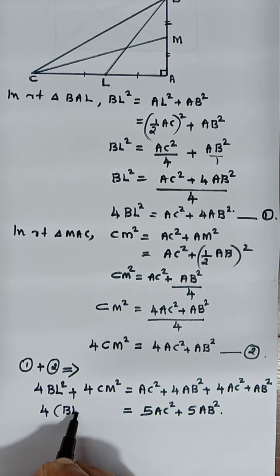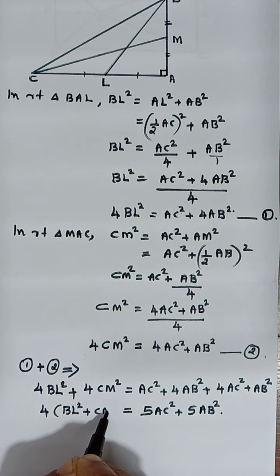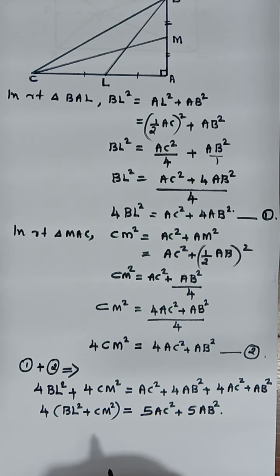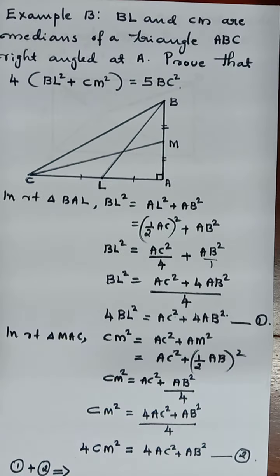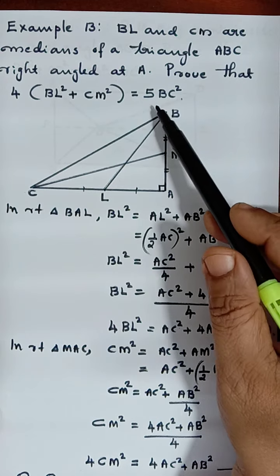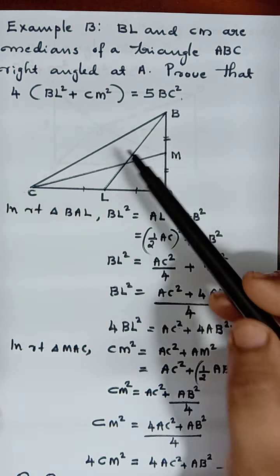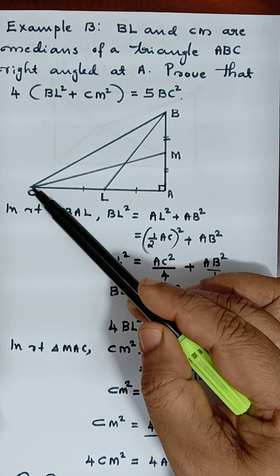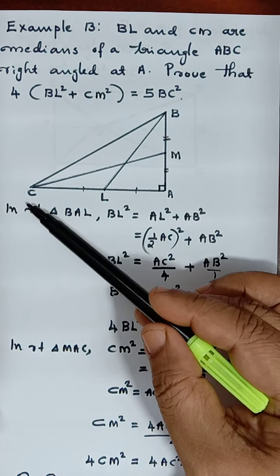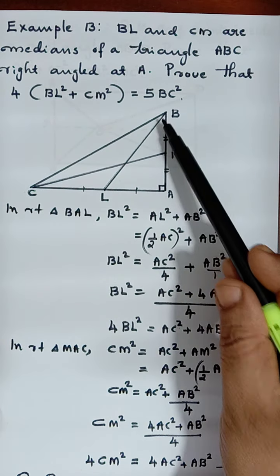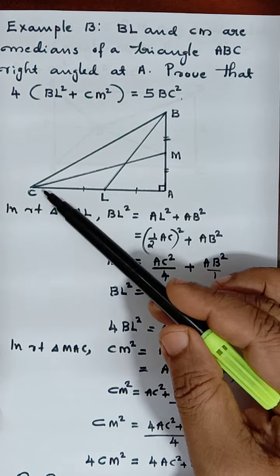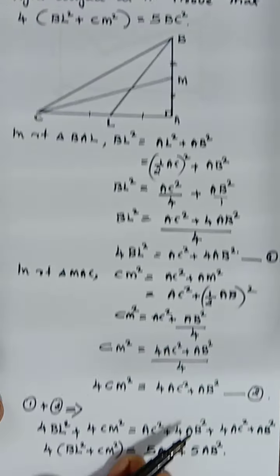Here we have 4 as common, so we have 4 into BL square plus CM square. See the answer where we have to reach. It is equal to 5 BC square we have to get. So just check the figure again. Is this BC the hypotenuse of right triangle BAC? Therefore, AB square plus AC square equals BC square by Pythagoras theorem.